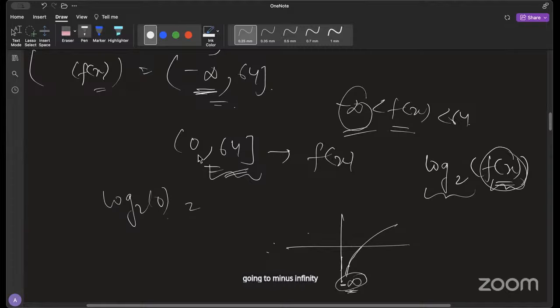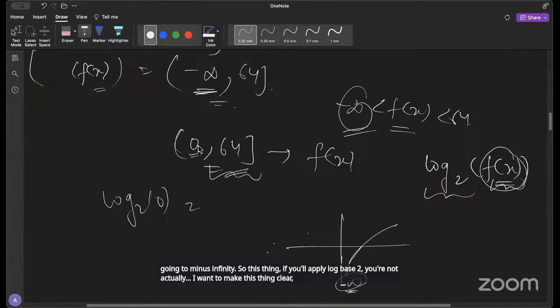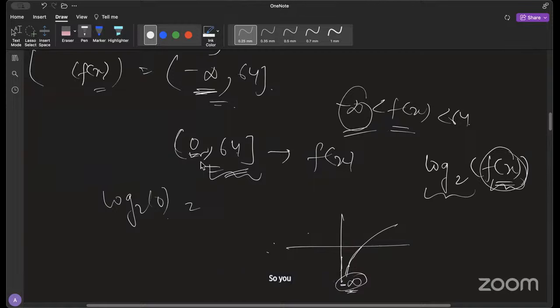So if you apply log base 2 here, you're not actually applying log base 2, because that's not something you can do. So you take the limit instead. To simplify things, what you can remember is, you're going to get minus infinity. This is not the value of log base 2 at 0, it's the limit of log base 2 at 0.